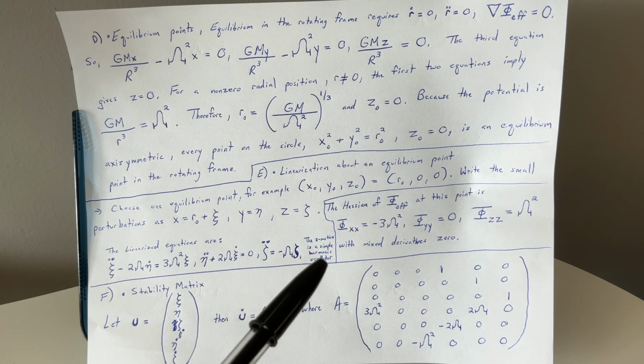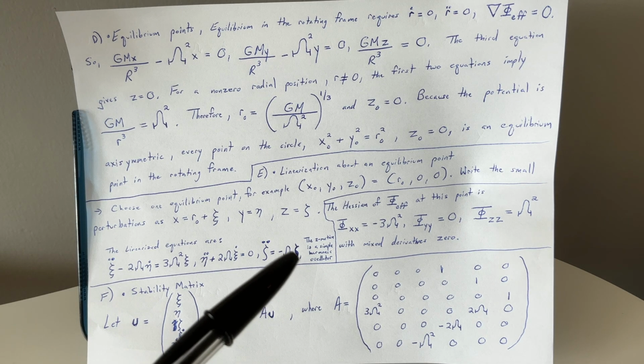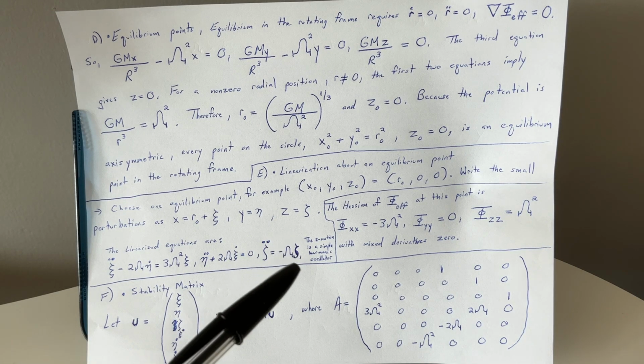The z motion is a simple harmonic oscillator. My apologies, this was accidental. This zeta should not be in bold.